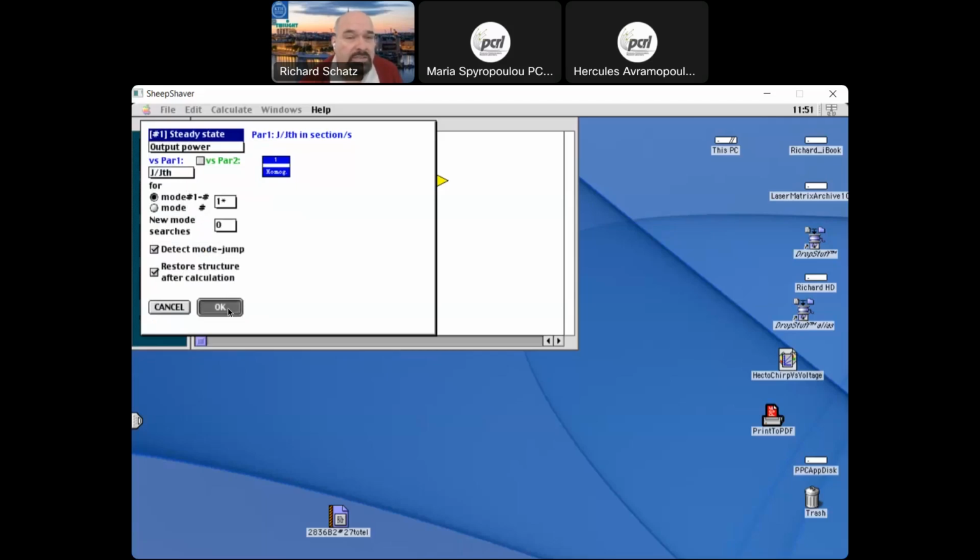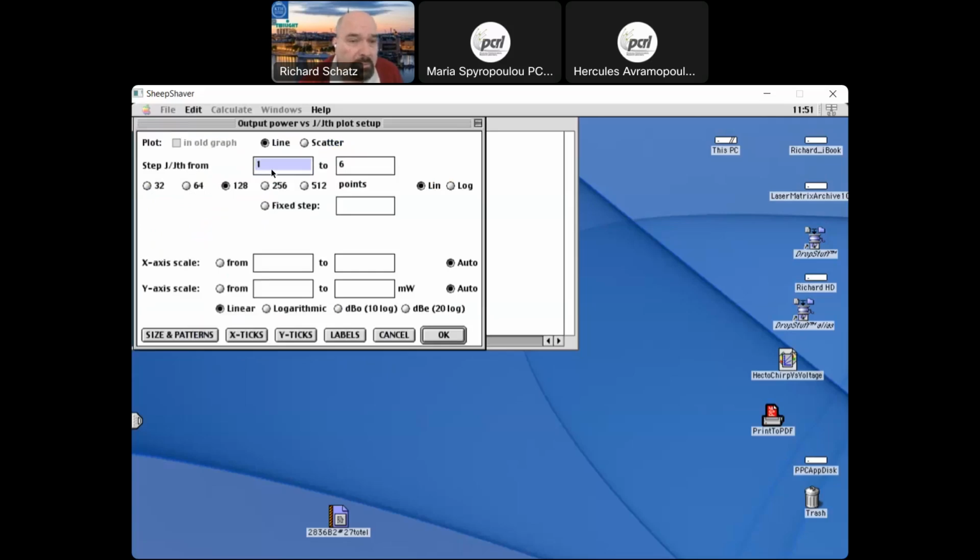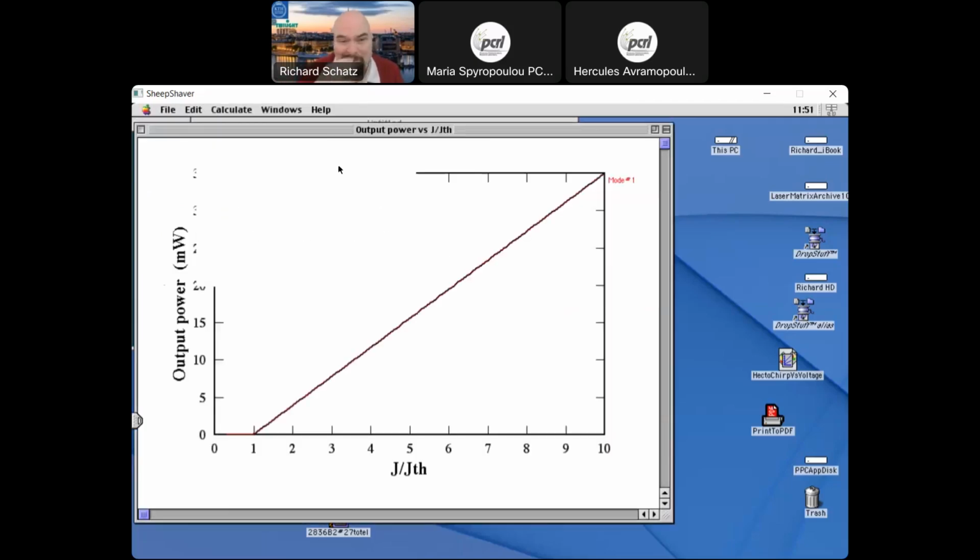So let's go from below threshold to above threshold, maybe 0.1 to 10 times threshold here, and see how the output power looks. And then you see here how the power increases above threshold, which is 1 here. The power increases linearly here.